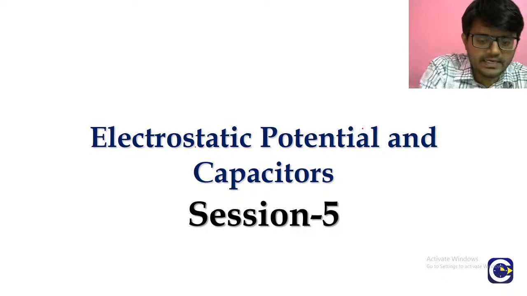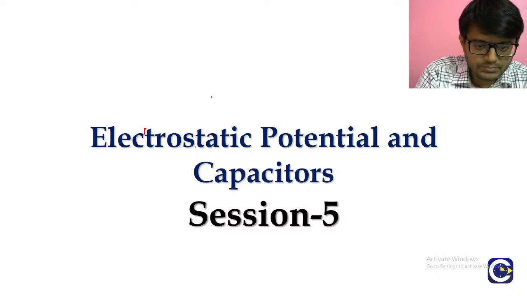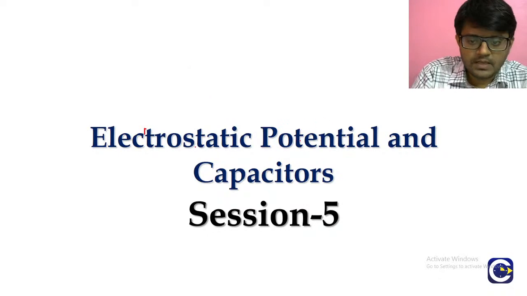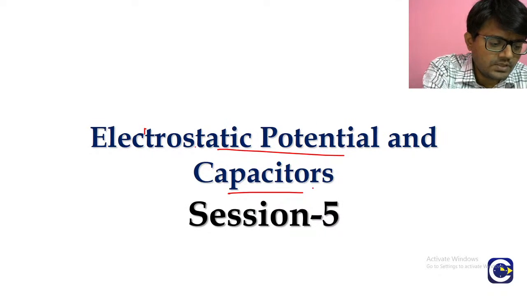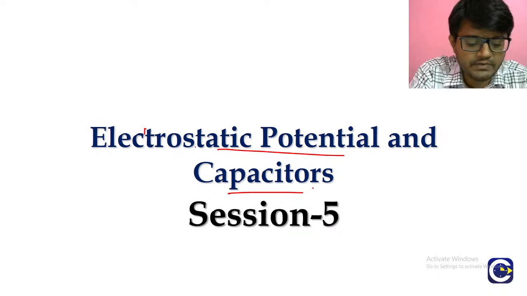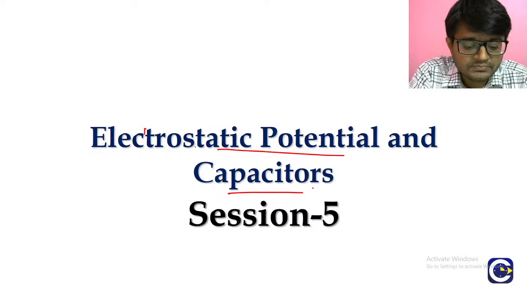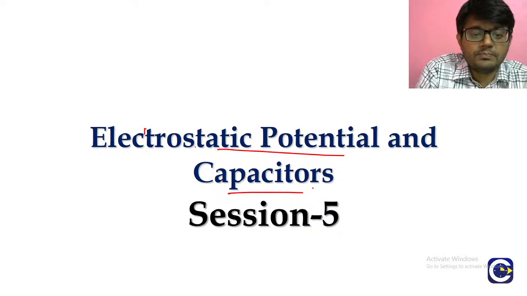So we are in session 5 of electric potential and capacitors. This is already in session 4, right? We were discussing the electric potential due to a dipole. A dipole is a combination of equal and opposite charges.